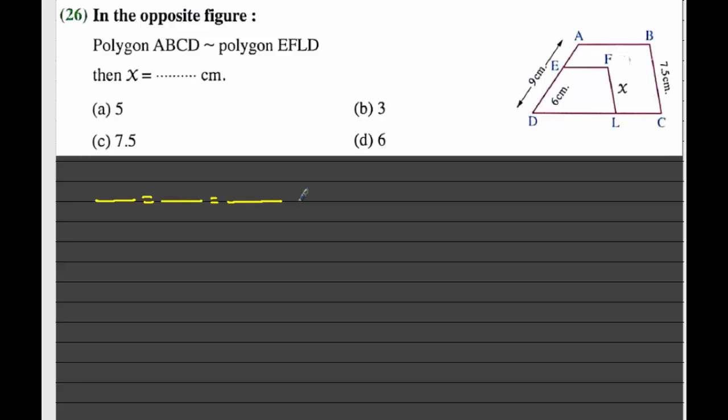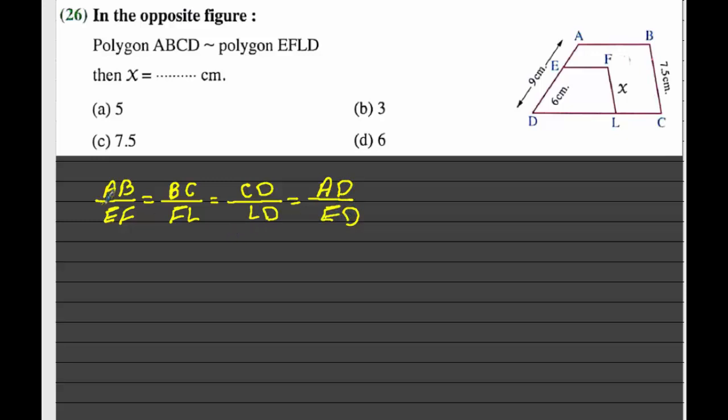So we write the proportion: AB over EF equals BC over FL equals CD over LD equals AD over ED. Okay, we write everything.